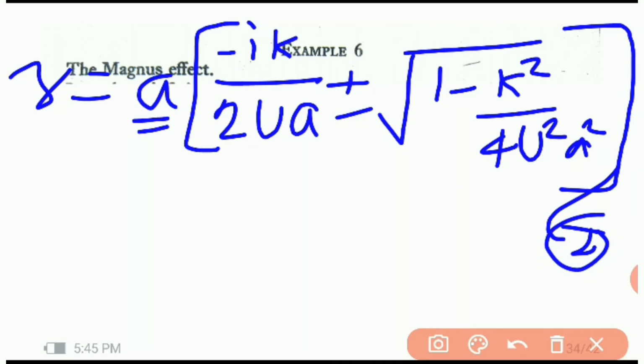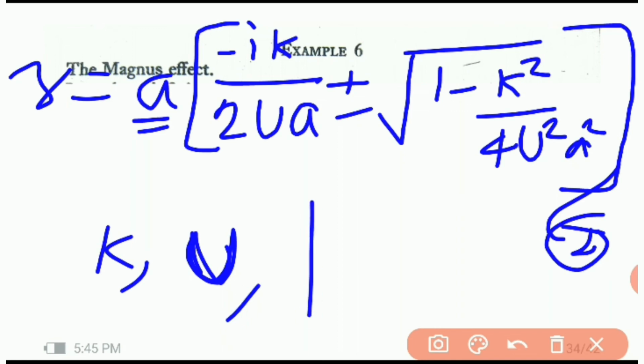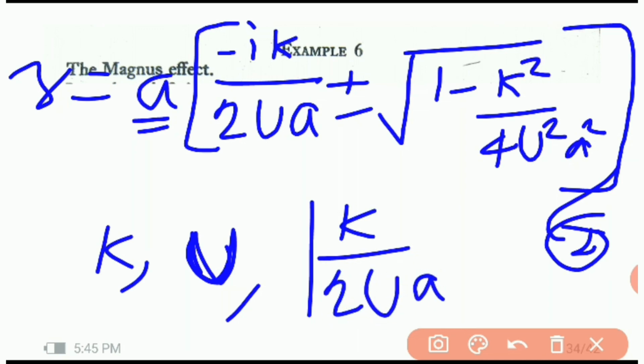Suppose that the magnitudes of k and u are adjusted so that mod k upon 2ua is strictly less than 1.